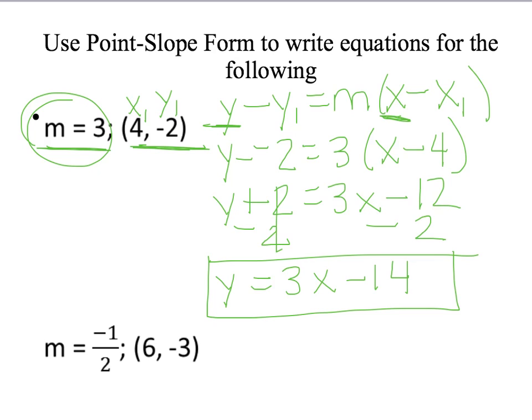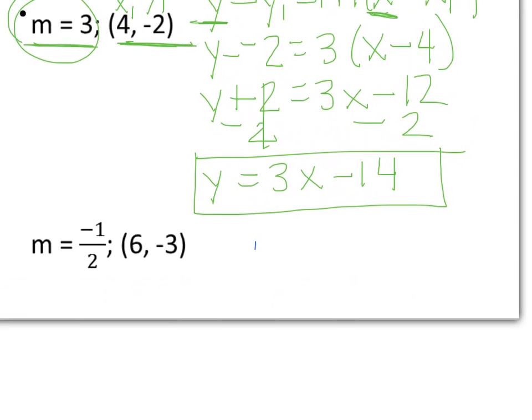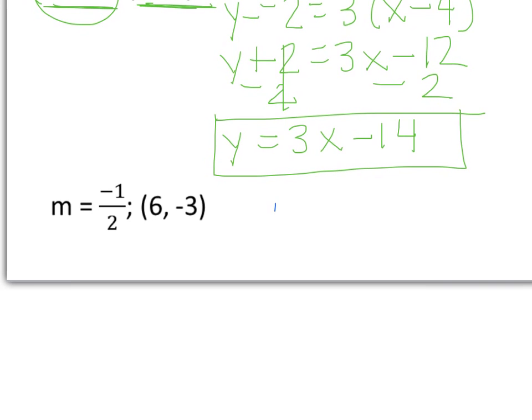Now for my second one, y minus y1 equals m times x minus x1.